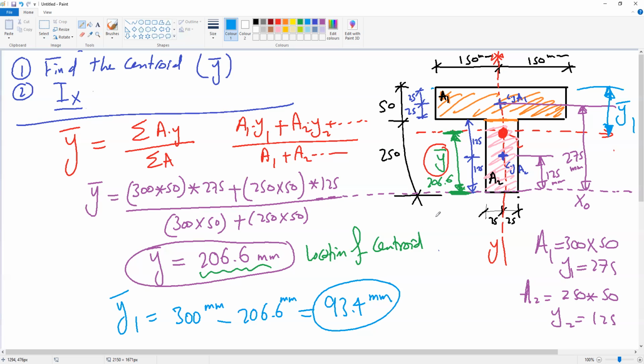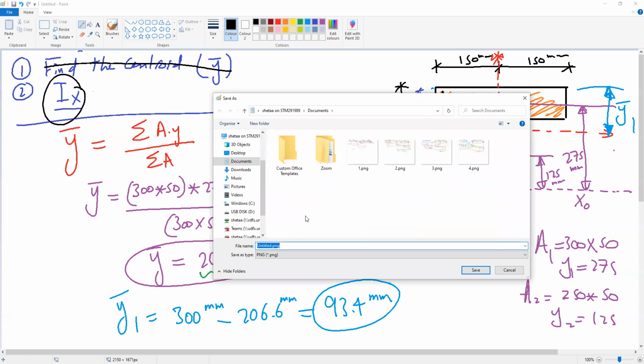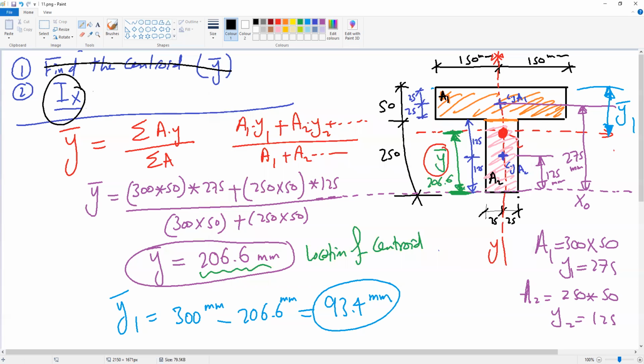Okay, so this is the first step, to find the centroid, and now we have finished the centroid location. The next step is to find Ix. Do you have any idea how to find Ix?